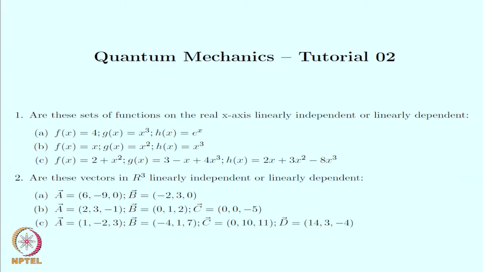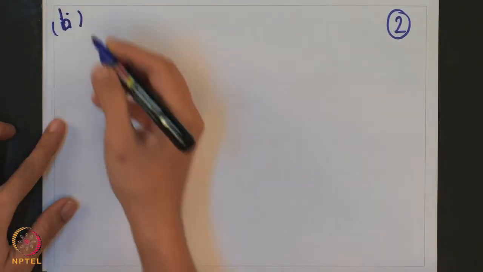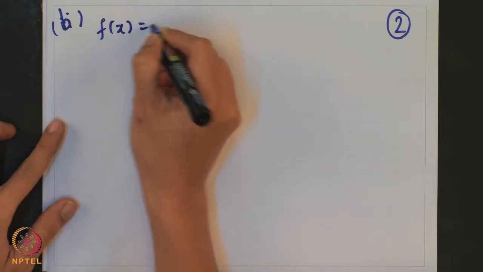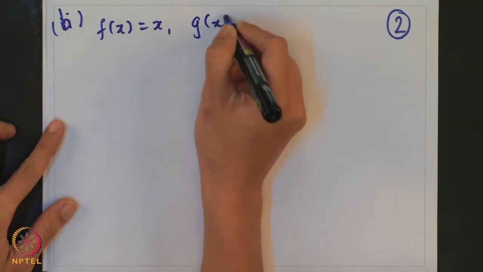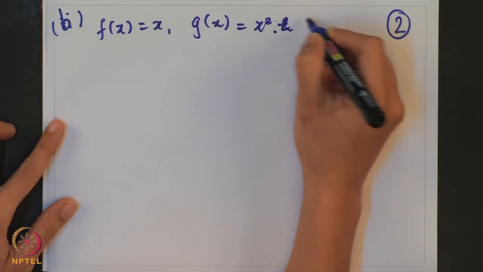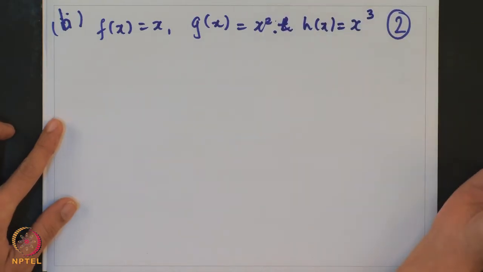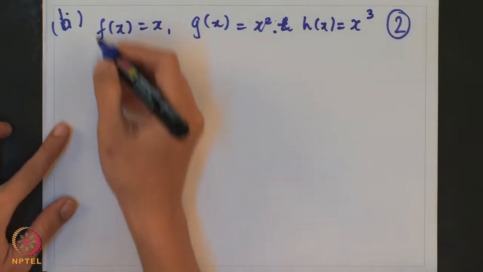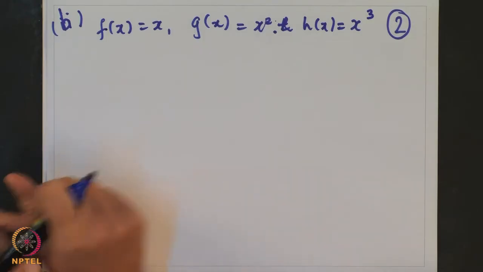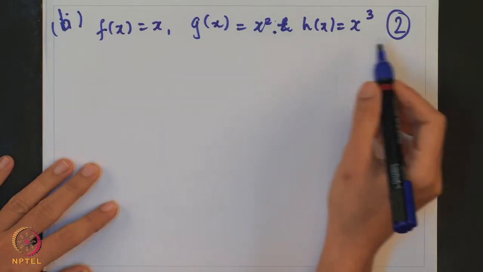In part 1b we have f of x as x, g of x as x square and h of x as x cube. So whether this set is linearly dependent or independent, that we have to evaluate. Similarly, you will substitute a1 x plus a2 x square plus a3 x cube.